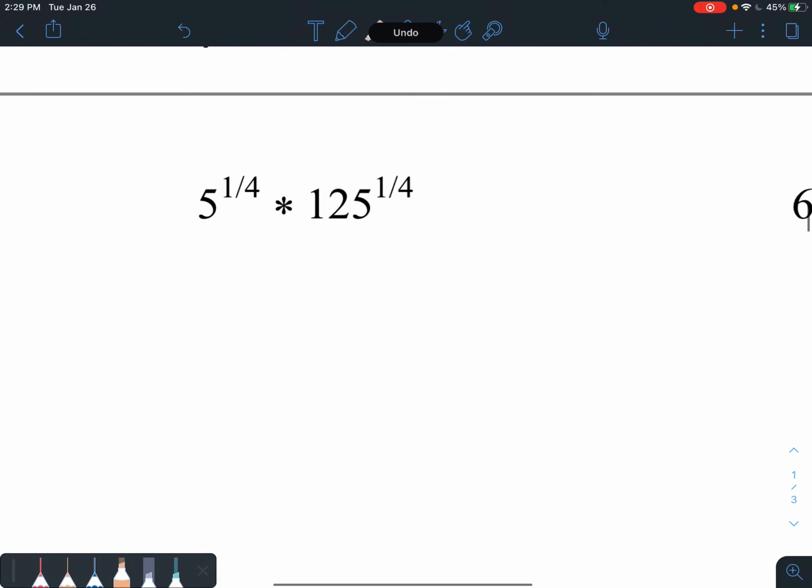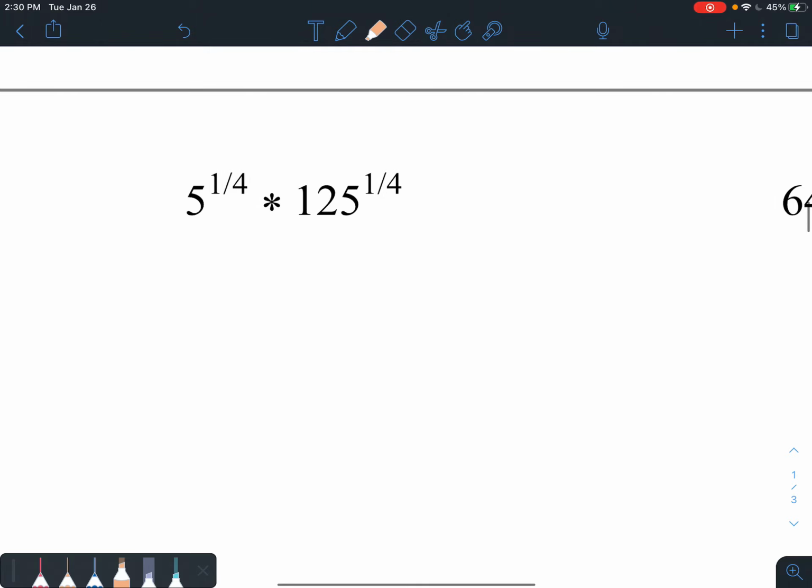All right, this one we can actually rewrite. We don't have the same base right now, but I can rewrite it so I do have the same base. So 5 to the 1/4 times 5 to the 3, and 5 to the 3 equals 125.